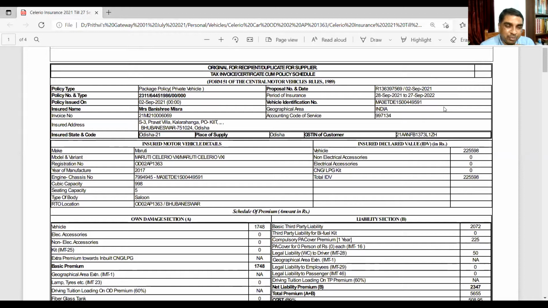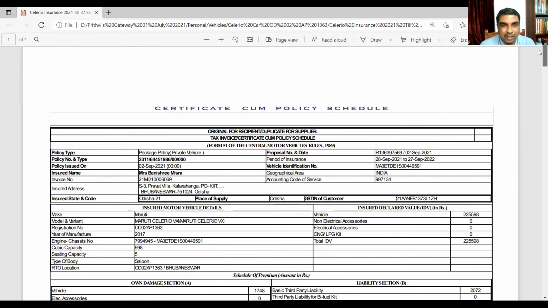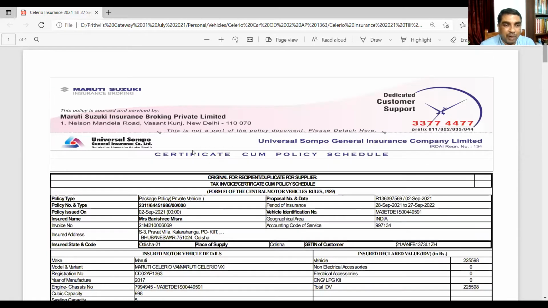That means if the uncertainty, meaning the event which is insured, happens within that period, then only compensation will be paid. Now, who will be paying that compensation? The insurer will be paying that compensation. In this example, this company has provided the insurance service. That's Universal Sompo General Insurance Company Limited.